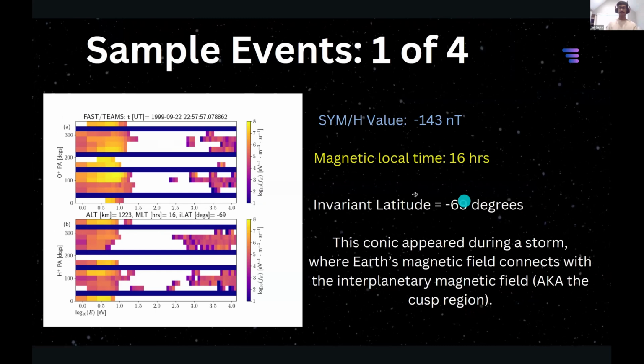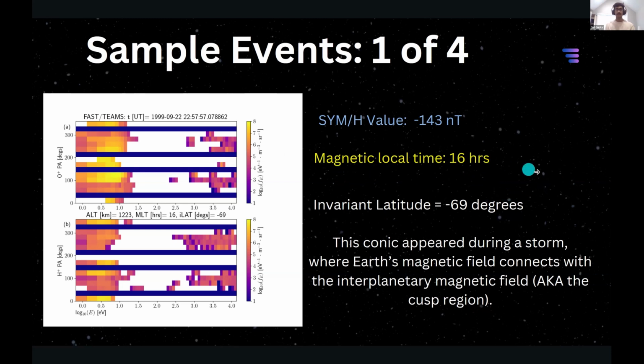So our first sample event has a SIM-H value of negative 143 nanoteslas. That's pretty big, meaning it happened during a solar storm, but it also appeared when the Earth's magnetic field was in line with the sun, because the magnetic local time was about 16.